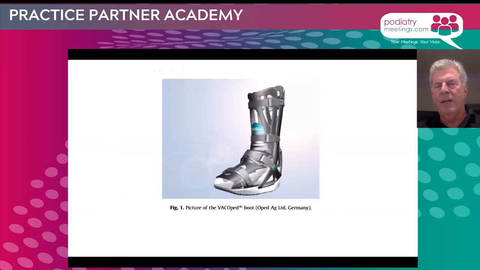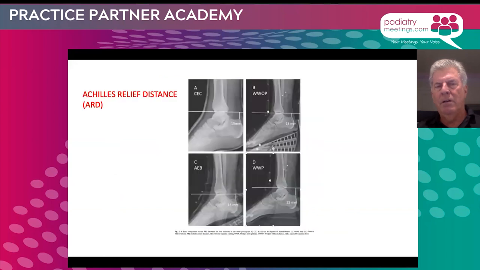This study also compared to the Vacoped boot and an equinus cast. That's right. So here's what they used as a measurement. This is interesting. They didn't draw an angular measurement.